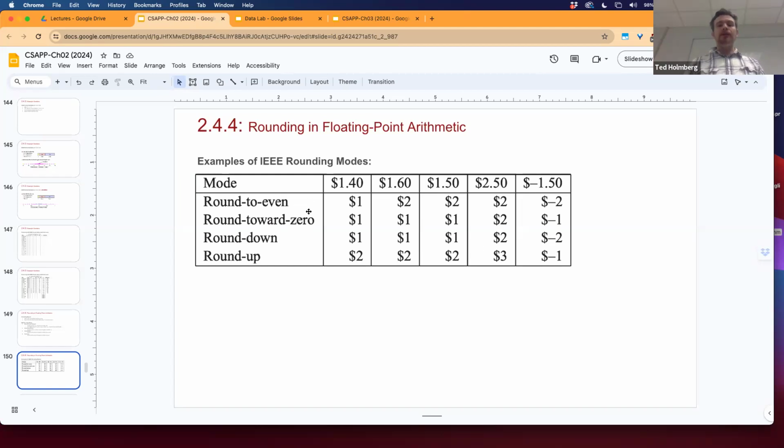And then round to 0 gives a more consistent behavior. But the reason why you don't necessarily want to always round to 0 is because you're always truncating the number in a way. And so sometimes if you're trying to round in a way that you're not always losing value, but sometimes gaining value, that's what's afforded to you by round to even.